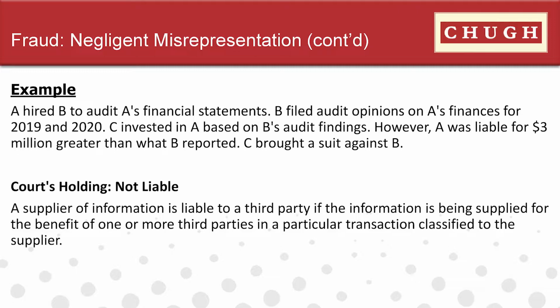However, in this particular example, the information being supplied was being supplied only for the benefit of Party A. So a third party relying on that information could not actually bring suit here. And that's actually one of the additional facts to know about negligent misrepresentation: the supplier of information is liable to a third party only if the information is being supplied for the benefit of that third party.